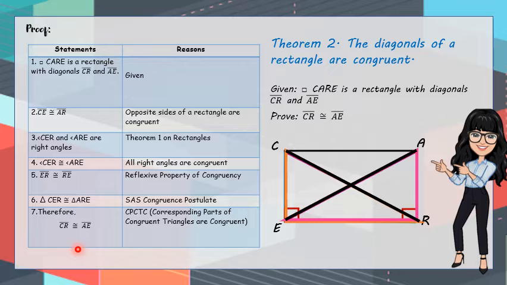So we have just proven that CR, which is one diagonal of your rectangle CARE, and AE of the rectangle CARE are congruent. So indeed, theorem number 2 for a rectangle, which states that the diagonals of a rectangle are congruent, is true.